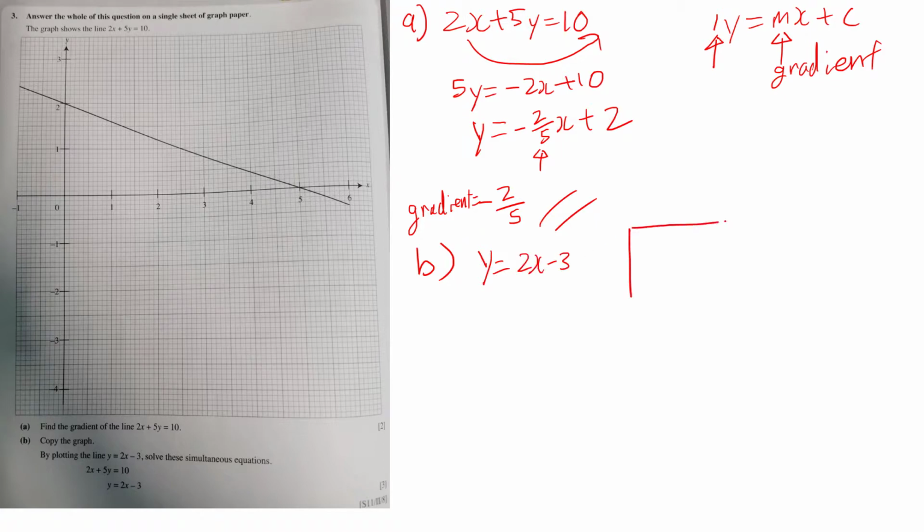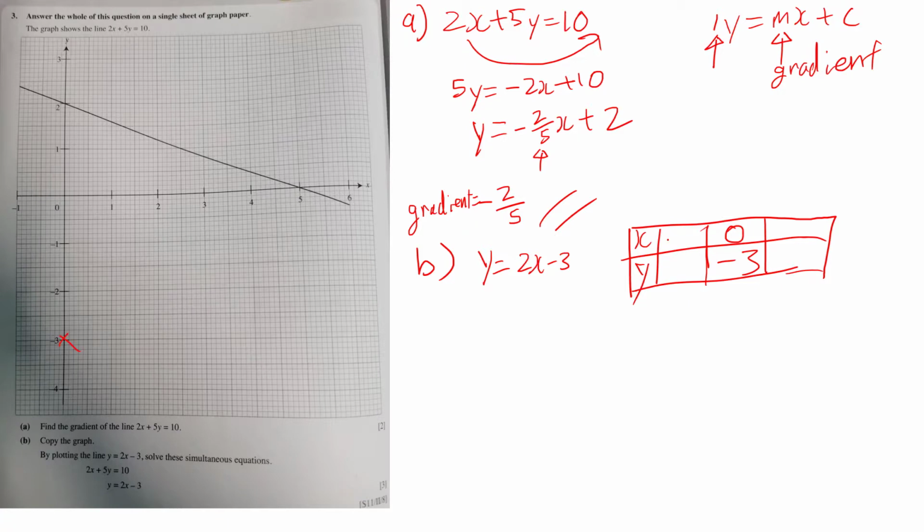So let me just draw the table. Like I say, I like the middle number to be 0. And if it's 0, then it will be negative 3, which is down here.